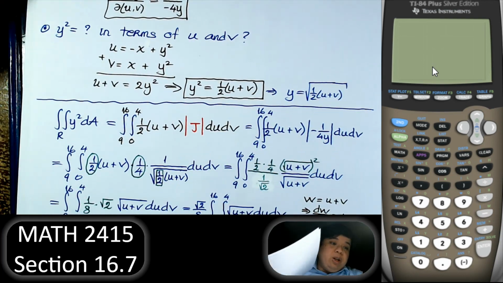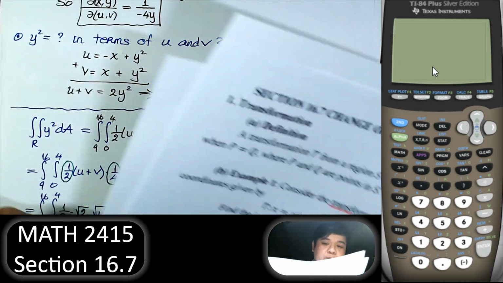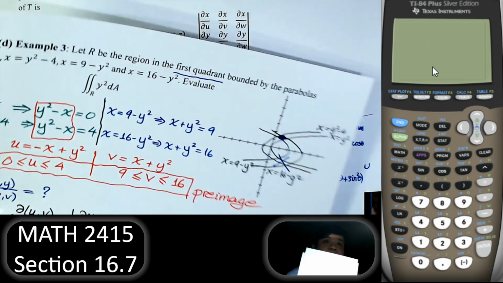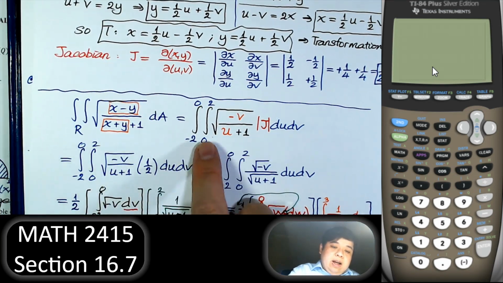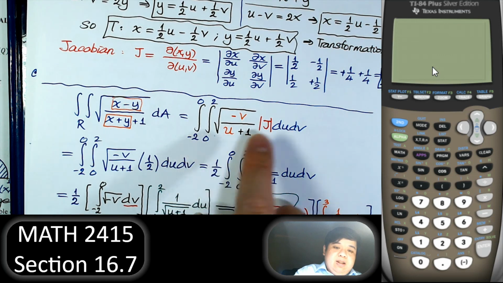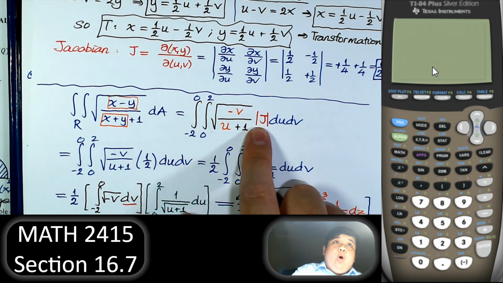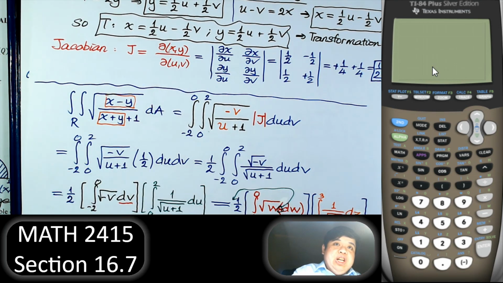And finally, we still need to know whatever the function is in terms of the new variables. So, bottom line, need to determine three things. The limits, which is the pre-image, the Jacobian, and then the function has to be written in terms of the new variables.